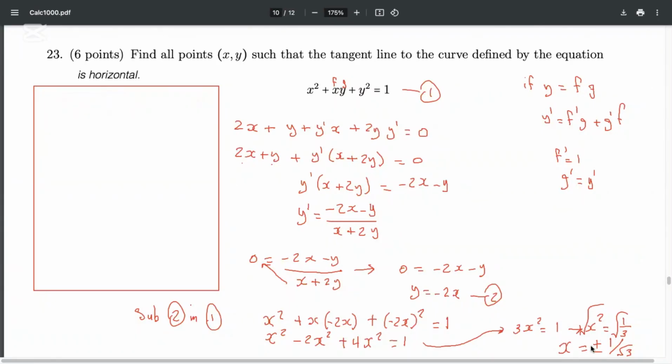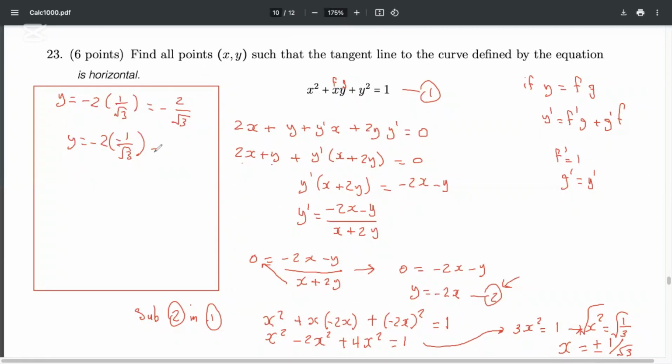And now, since we know what the x value is, I'm just going to take that and sub it in the number 2 equation here to find out what the y value is, and I'm going to do that right here. So y equals negative 2 times 1 over root 3, and that's going to give me negative 2 over root 3. And also I'm going to sub in the negative 1 over root 3. So that's negative 2 times negative 1 over root 3.